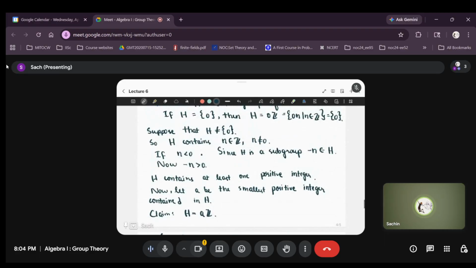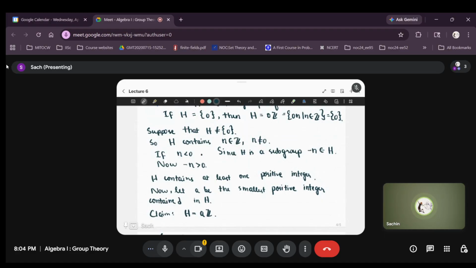So we showed that H has positive integers in it, if H is not trivial. Since it has positive integers, it has the smallest positive integer because of the well ordering principle. Any set of positive integers you can arrange in ascending order, and the first element will be the smallest, right?